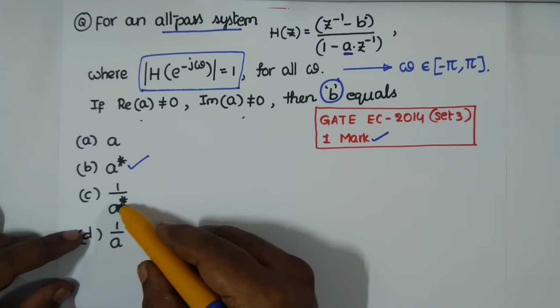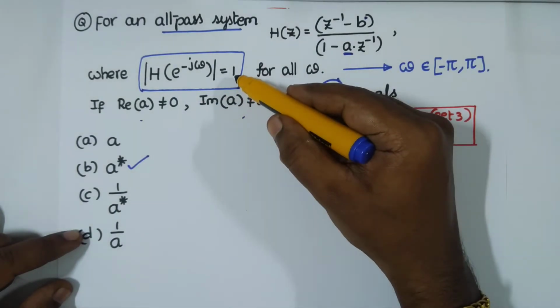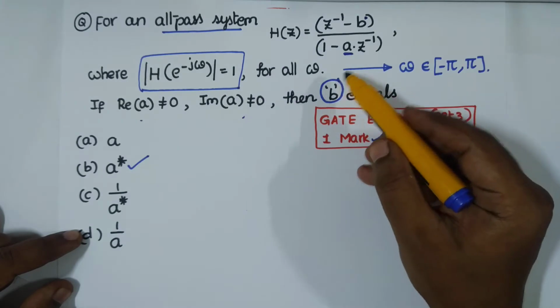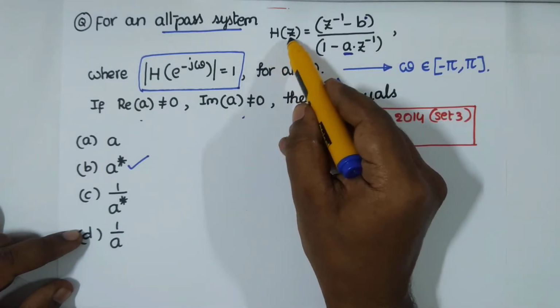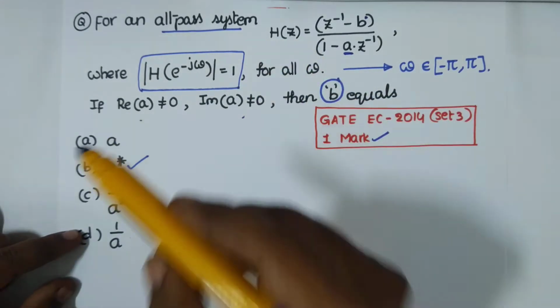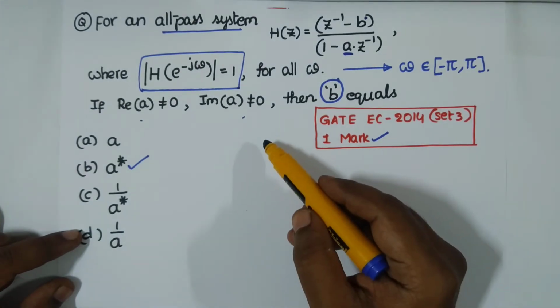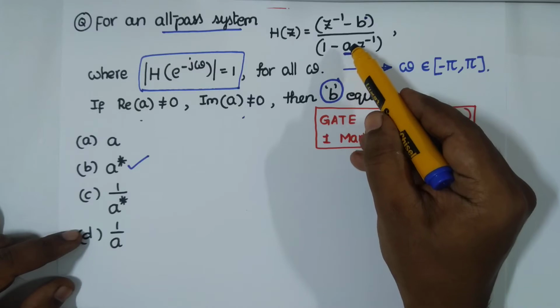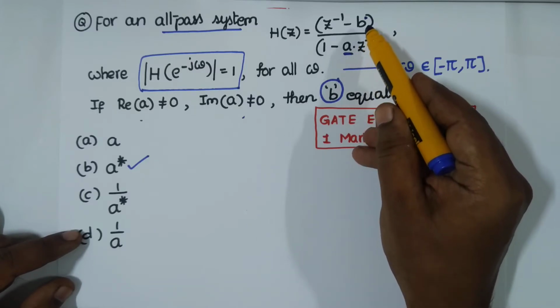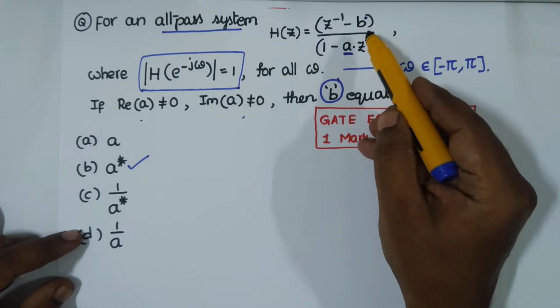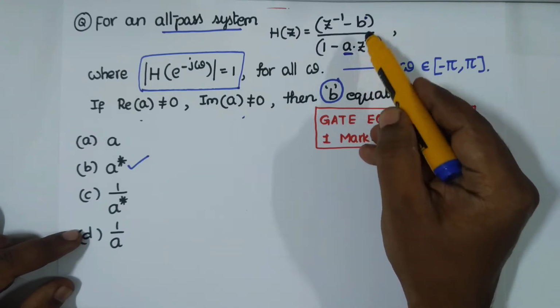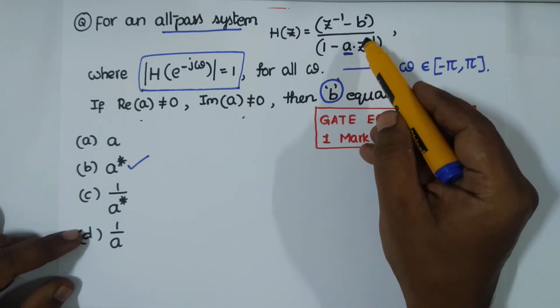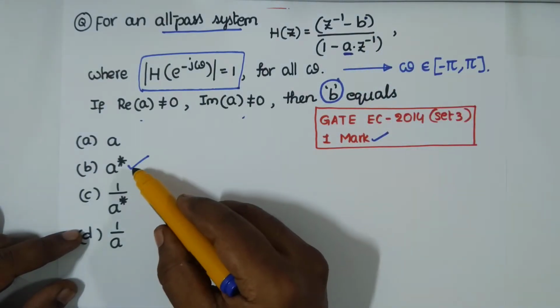Why? In order to satisfy this definition, each pole of this H of z should come in pair with a conjugate reciprocal zero. So as of now we have one pole, so this pole should come in pair with a conjugate reciprocal zero. Then we take B equal to 1 over A conjugate, but we have to go for B equal to A conjugate.